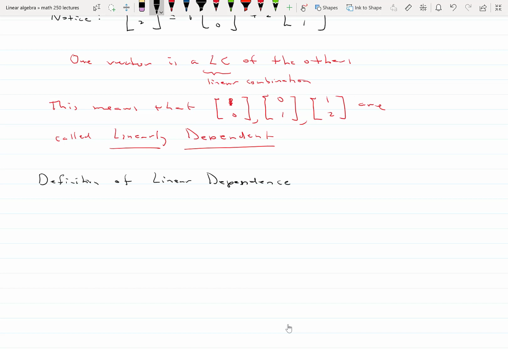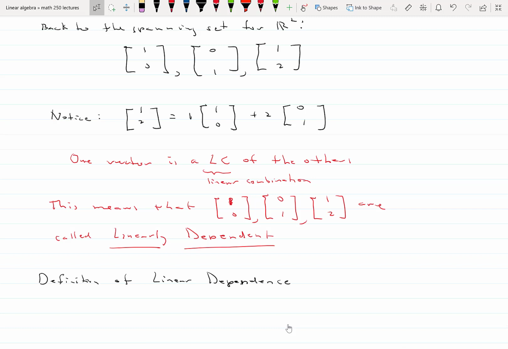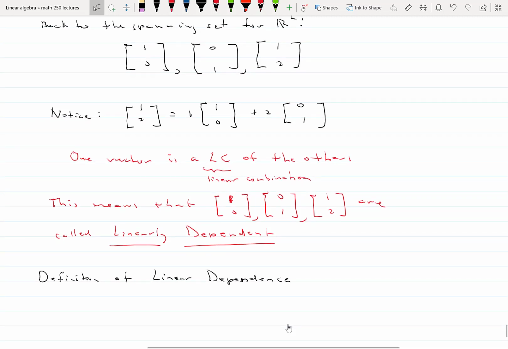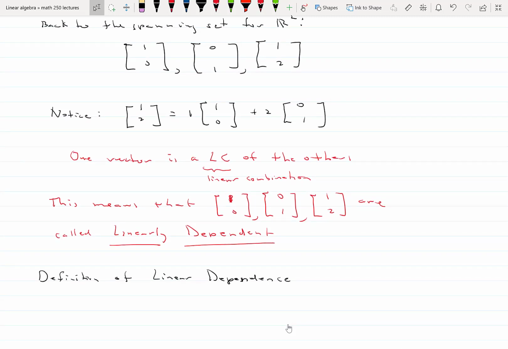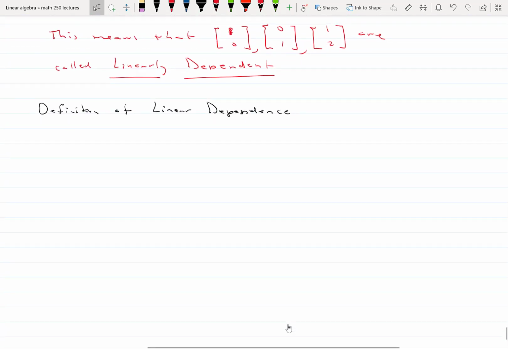Essentially, those three vectors don't form a minimal spanning set because the set is linearly dependent. So let's take a look at the definition of linear dependence. So the strict definition goes like this.